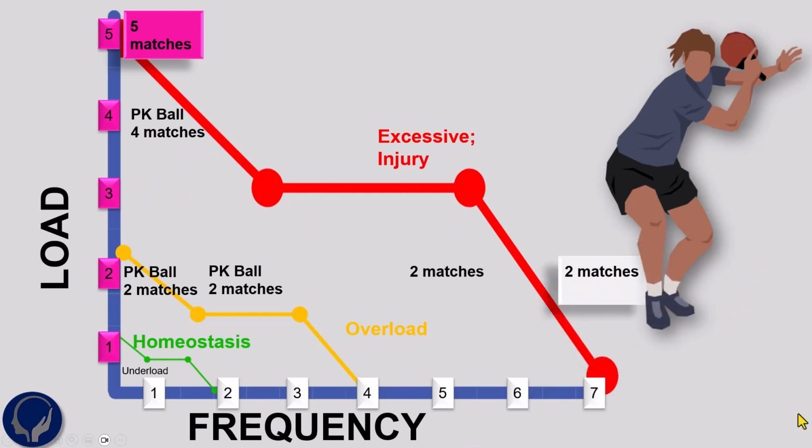But if he goes 7 days per week and he stays at the 2 matches, that's now his frequency problem. So this is a frequency problem. Maybe he needs to bring it back down to here. And this is a magnitude problem, and maybe he needs to bring it back down, he still can only go 1 day per week, but maybe it's 3 matches. Because maybe 4 matches, he had a lot of soreness, or maybe he just needs to adapt.